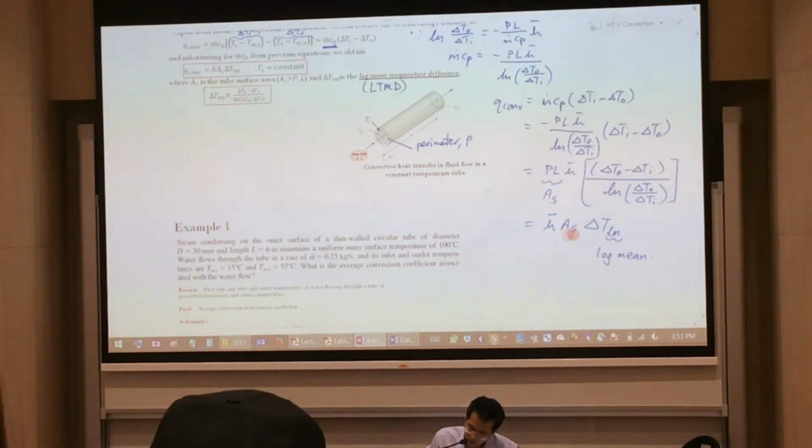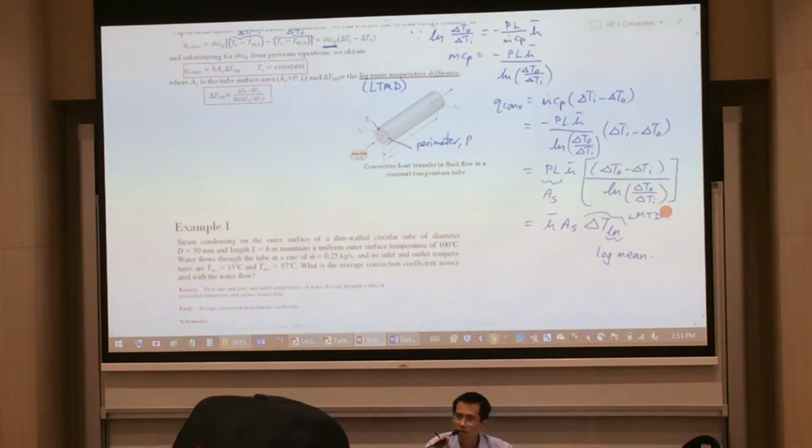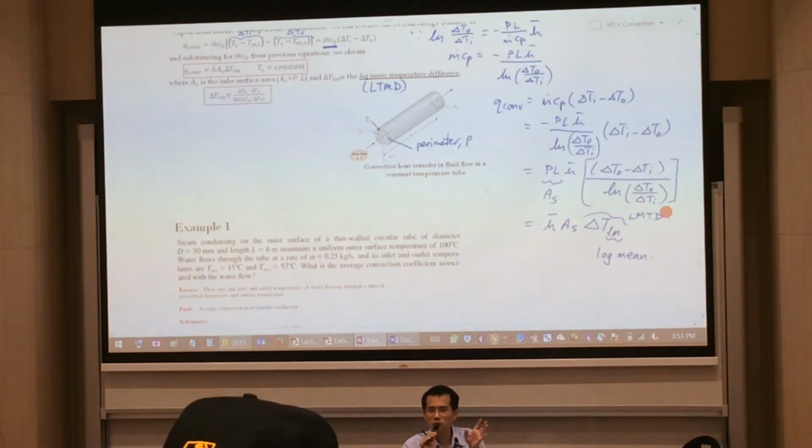If I look at this expression, Q convection equals h bar As delta T Lm. This whole thing is log mean temperature difference. What is it capturing that's different from Q convection?